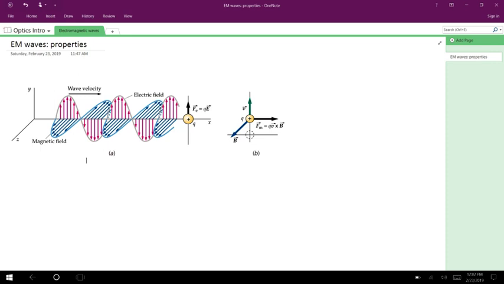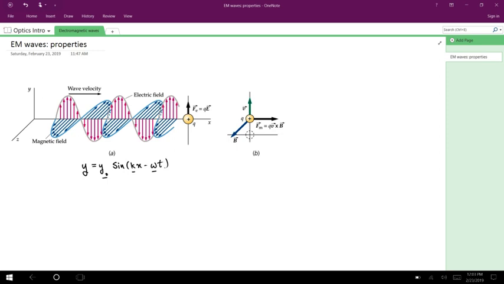So if you remember, a traveling simple harmonic wave looked something like this: y equals y0 sine of kx minus omega t. And here y0 was the amplitude, k was the wave number, omega was the angular frequency, and all of this information told us how the simple harmonic motion was oscillating.